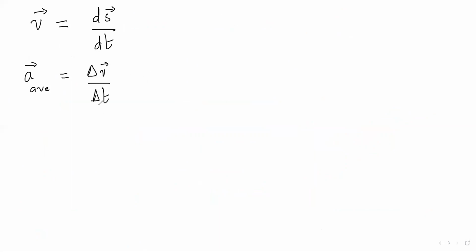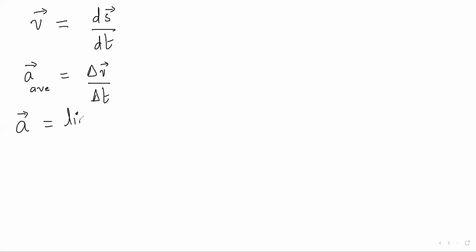Okay, so let me very quickly write v is ds by dt, as most of you already know. And average acceleration is equal to delta v by delta t. And again, let's talk about instantaneous acceleration.